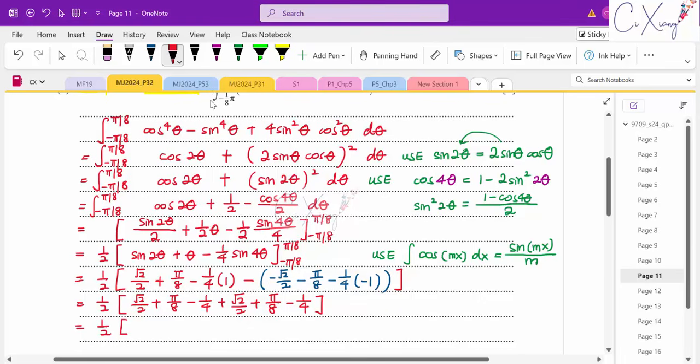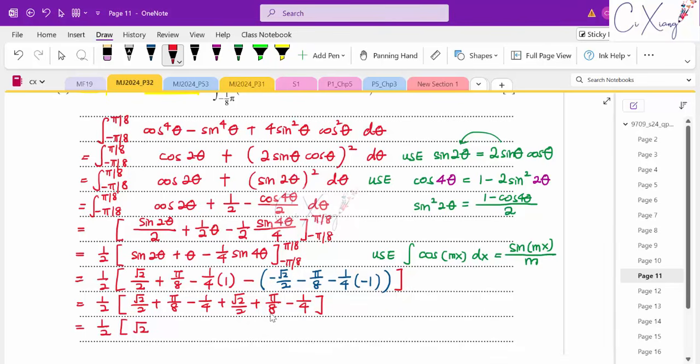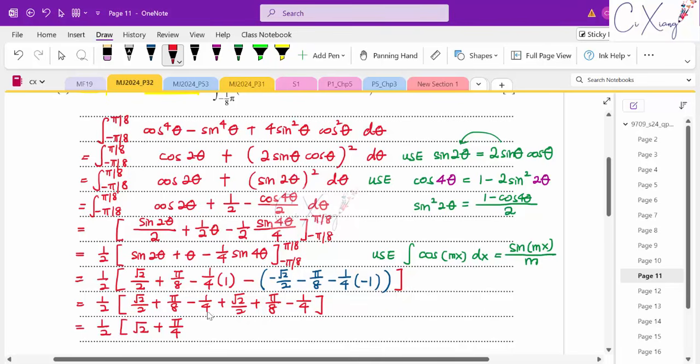So for all the terms here, square root 2 over 2 means half square root 2 plus another half square root 2. So you are having square root 2. 1 over 8 pi plus 1 over 8 pi, you get 2 over 8 pi, right? So you're having 1 over 4 pi. Negative 1 over 4 minus 1 over 4, you get negative 2 over 4, which is negative half.